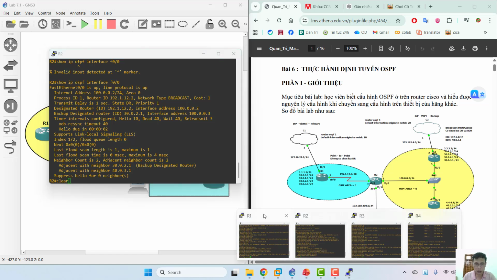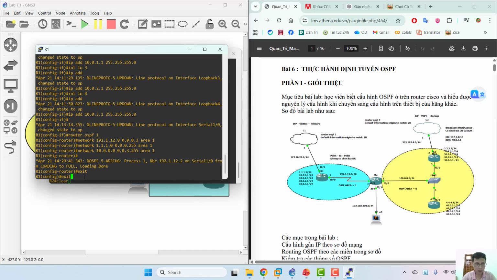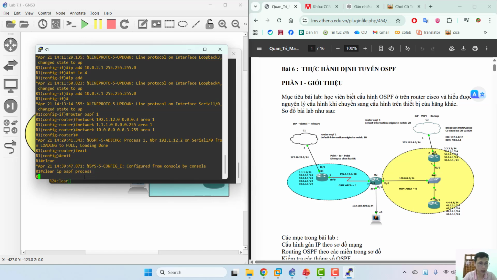We should go to router number 1 first. Enter clear ip ospf process.